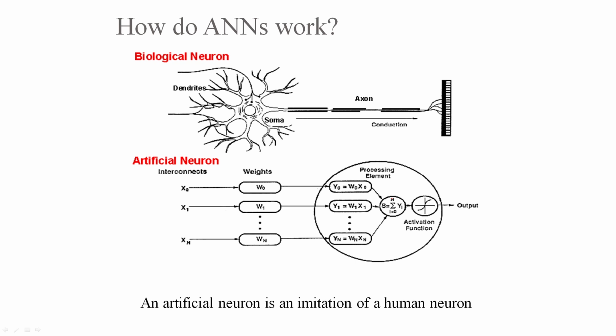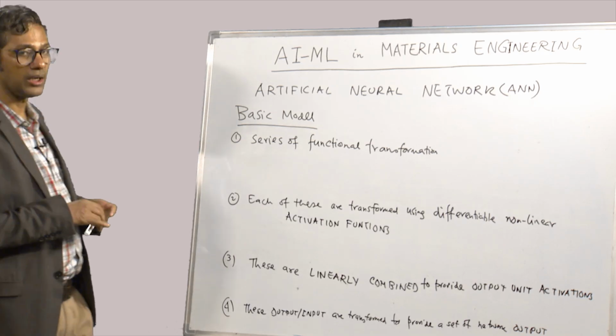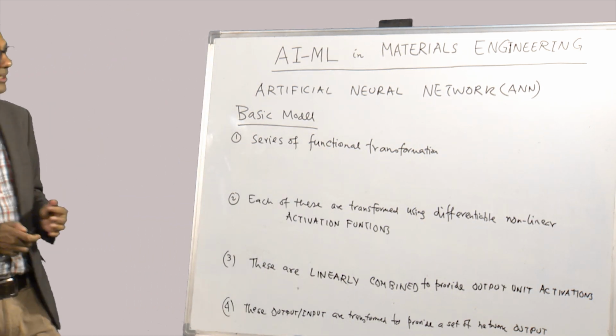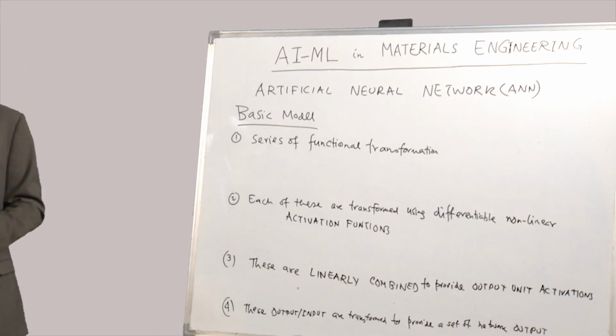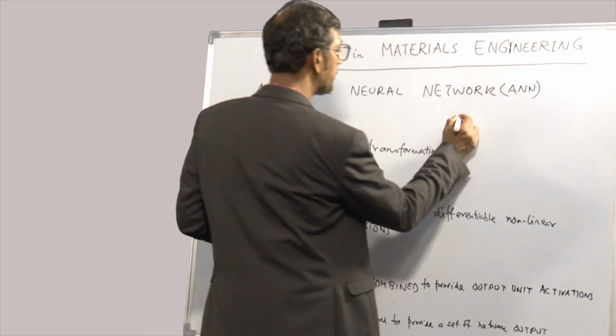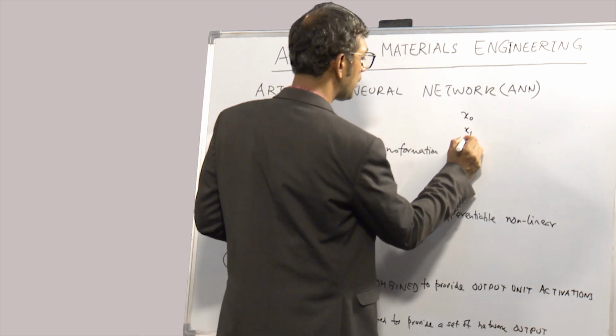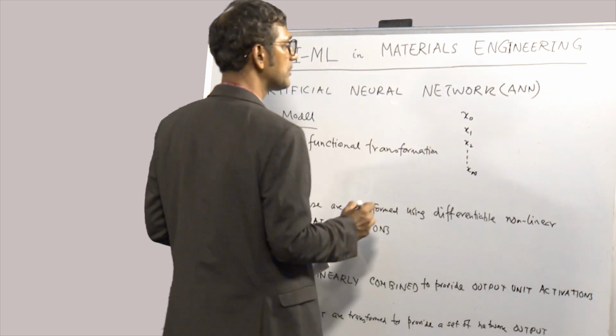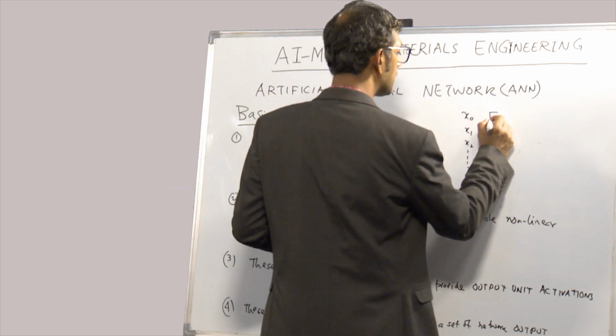So, let us go back to the board and go through the 4 different steps. The basic model of a neural network is considered a series of functional transformations. Let me write down that these are my inputs x0, x1, x2 to xn. These are my inputs, and I put weights.